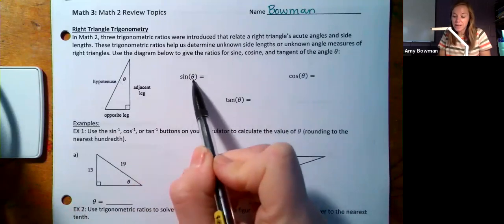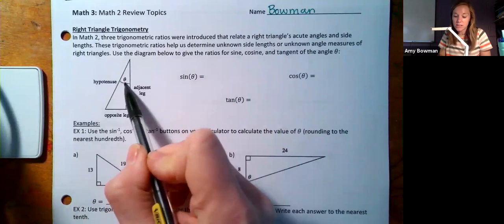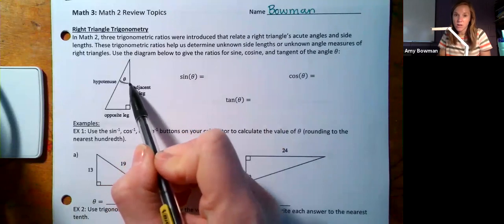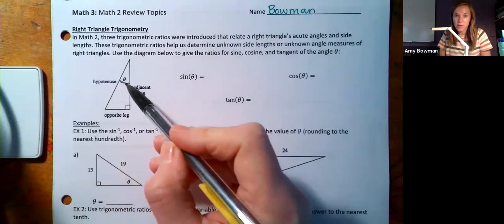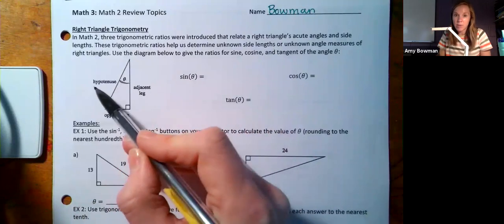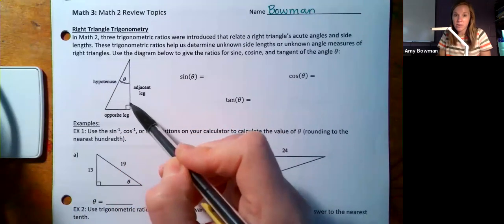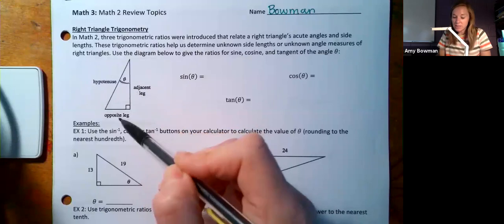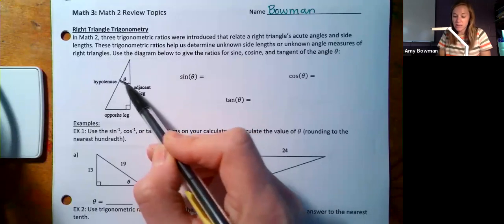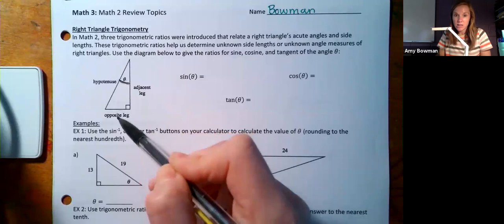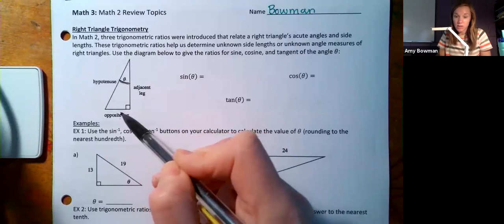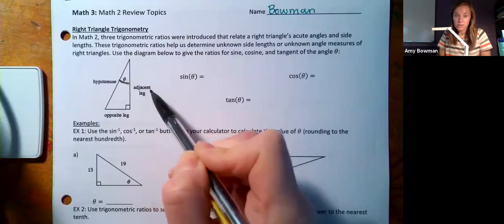So the sine of an angle, in this case this angle. Let's clarify the 3 sides. We have the hypotenuse, which is opposite the right angle. The side opposite is wherever my theta, whatever angle I'm interested in, the opposite side is across from it, and the adjacent side is next to it.